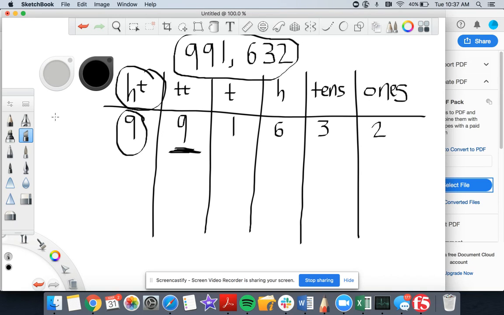And we're going to determine if the 9 is closer to 10 or if it's closer to 0. From looking at a number line, we know that this 9 is much closer to the 10 than it is to the 0. So this 9 needs to become a bigger number. This 9 needs to become a 10.